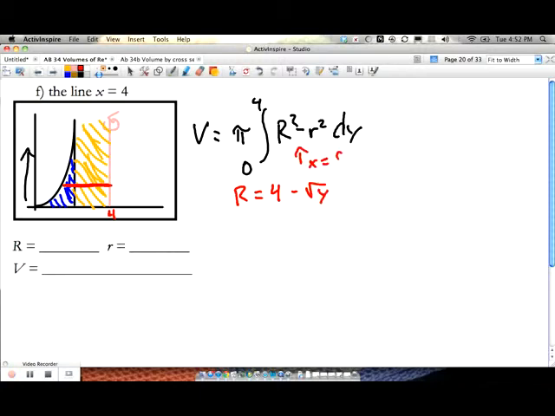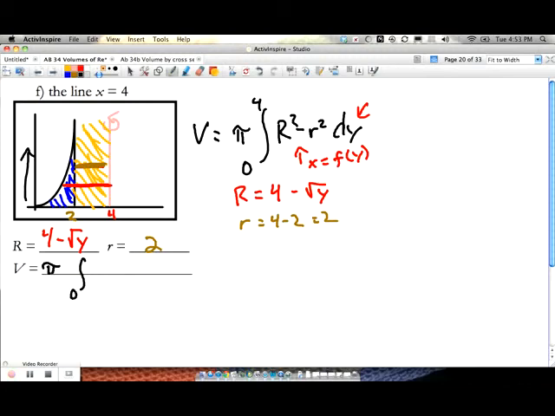Now remember that this has to be in terms of y. We can't use y equals x squared, because we're not using x's, we're doing it in terms of y. And little r is this inside piece, which is constant the entire time. It goes from 4 down to 2, so little r is 4 minus 2, which is really 2. So little r is 2, and big R is 4 minus the square root of y.